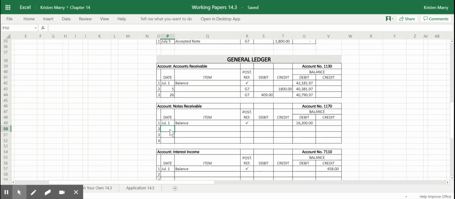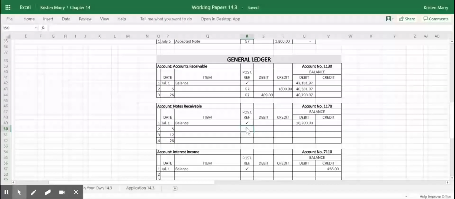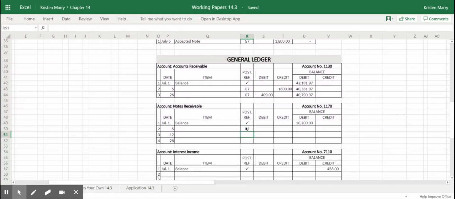All right, our notes receivable transactions. We've got the 5th, the 12th, and the 26th. The 5th is from General Journal 7. The 12th is cash receipts 8, and the 26th is General Journal 7. So on the 5th, that was $1,800 debit.